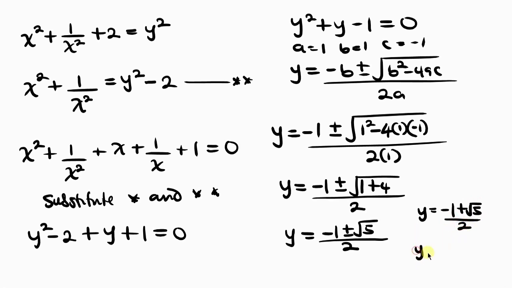And we also got y to be negative 1, this time go with a negative, minus the square root of 5 all over 2. So we're going to be substituting these values in our equation star in order to solve for the values of x. Let's continue on the next slide.